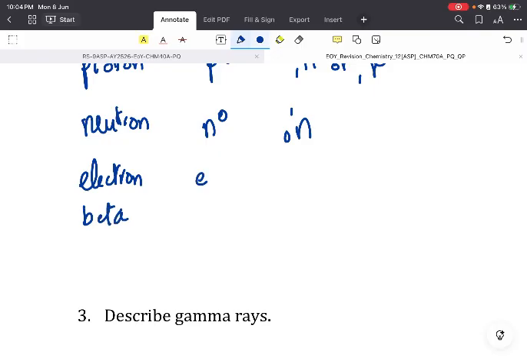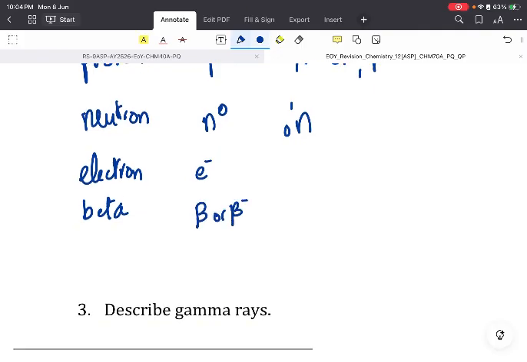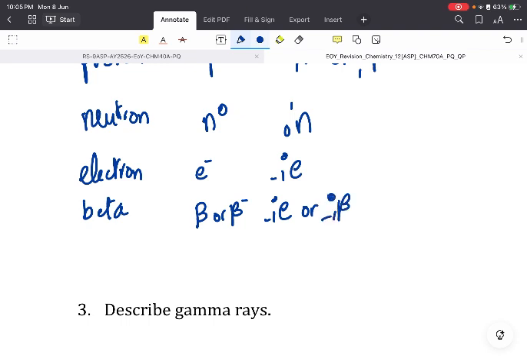So the symbol of electron is E minus, and for beta, the symbol could be the beta symbol, or you can say beta minus. Now the nuclear symbol of the electron capture is E 0 minus 1, and for the beta, instead of writing E, you can also write beta 0 minus 1.